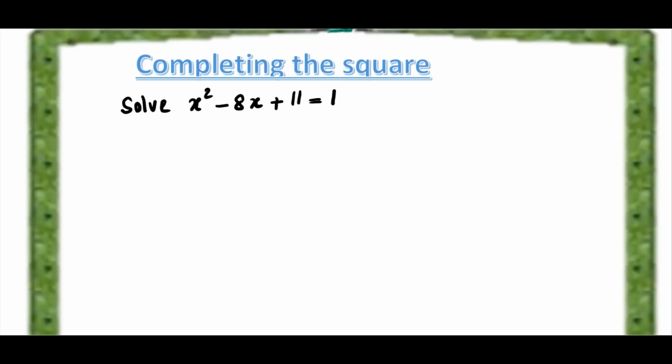If it is not, we have to divide the entire equation by the coefficient of x square, or take out the coefficient of x square commonly, so that the coefficient of x square is 1. The next step is to take the constant to the right hand side of the equal to sign.